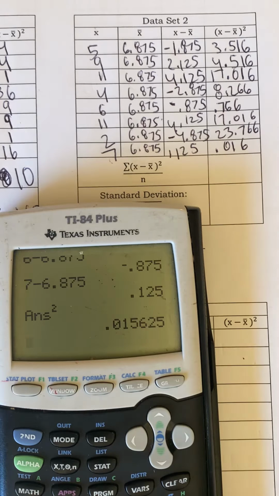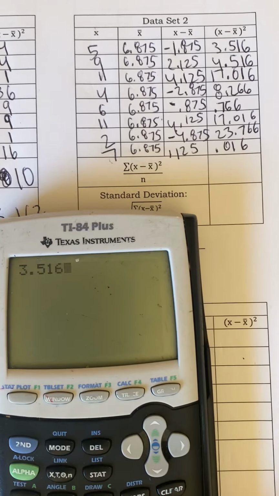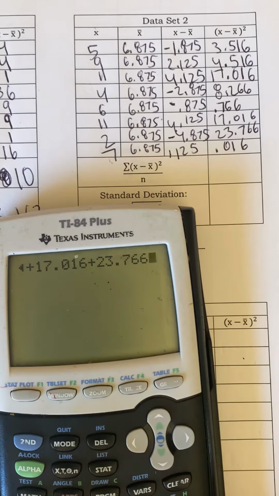Ooh, goodness. All right. Then the next part is to add these all up and divide by however many numbers we have, which is 1, 2, 3, 4, 5, 6, 7, 8. So we're going to add them all up. 3.516 plus 4.516 plus 17.016 plus 8.266 plus 0.766 plus 17.016 plus 23.766 plus 0.016.